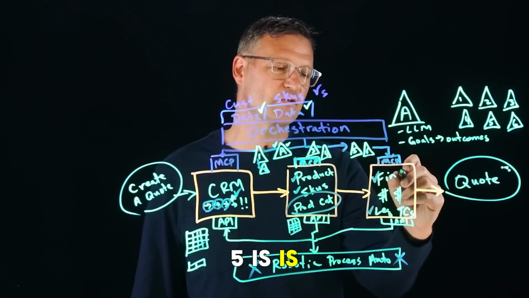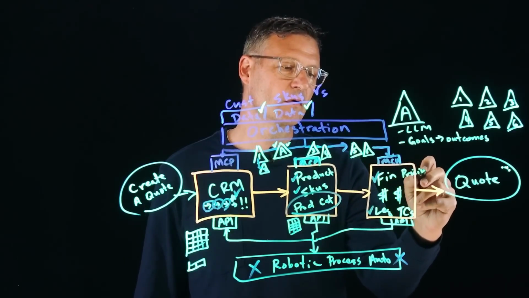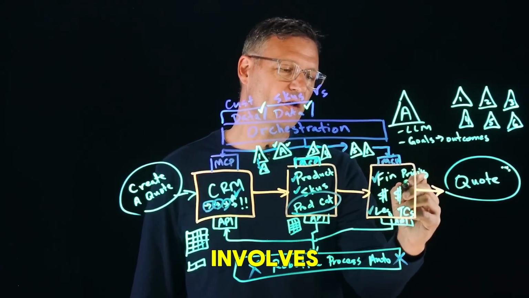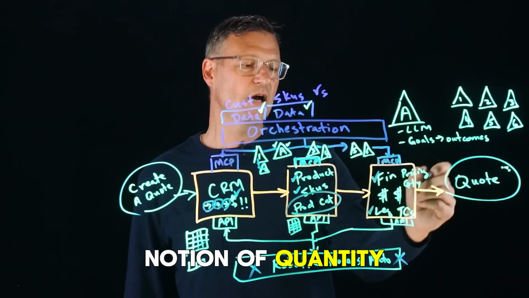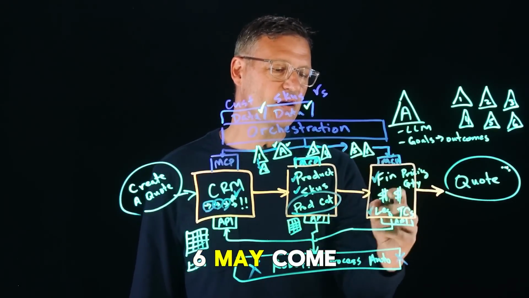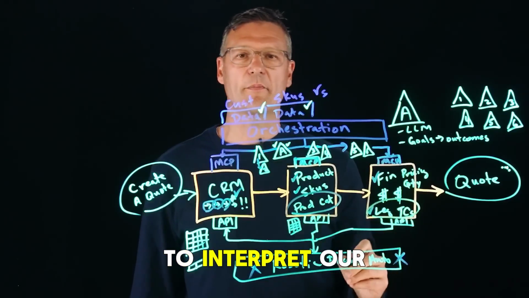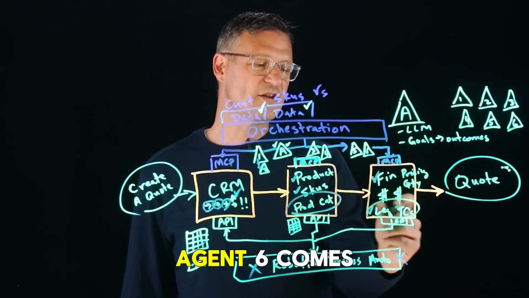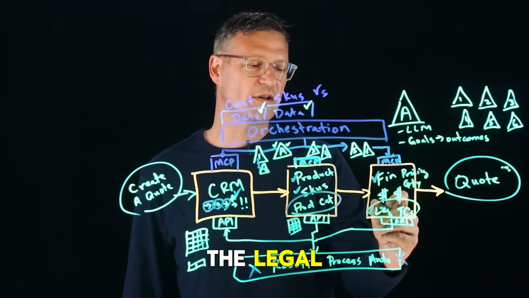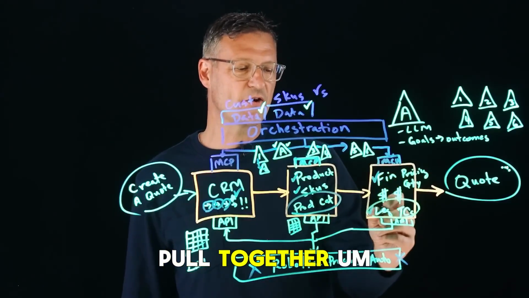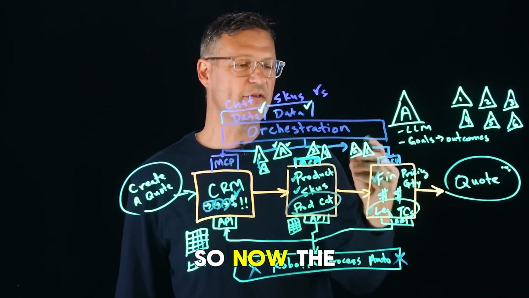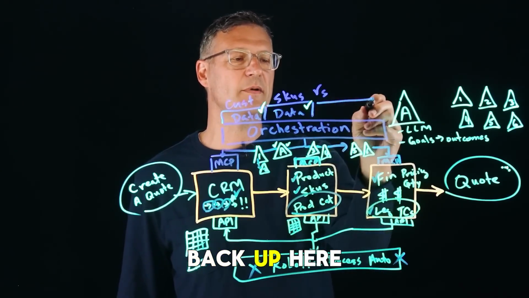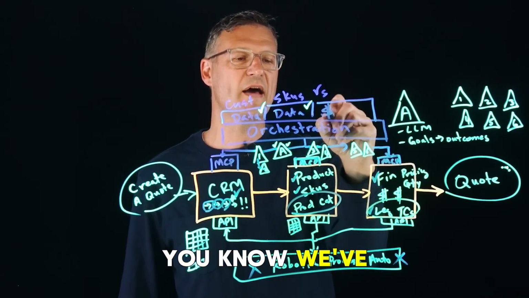So agent 5 is pricing, and this probably involves inferring or looking at some notion of quantity. Then agent 6 may come in and understand how to interpret our legal catalog, and we pull together the terms and conditions and those sorts of things. So now agents 5 and 6 come back up here, and we've added some data.